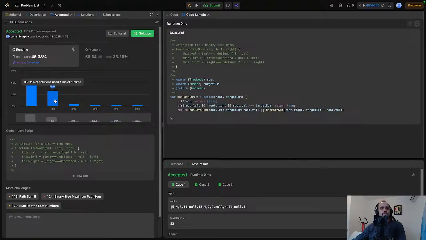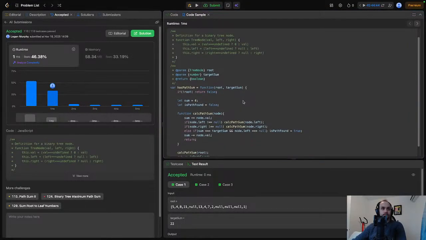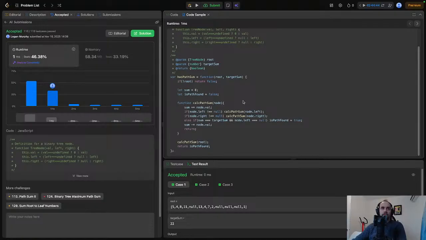Maybe subtraction is more expensive than equals, but they do the subtraction twice. I only did the subtraction once. And then this one's very complicated, it seems.